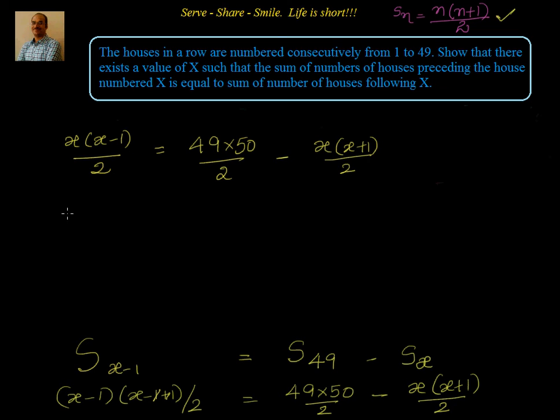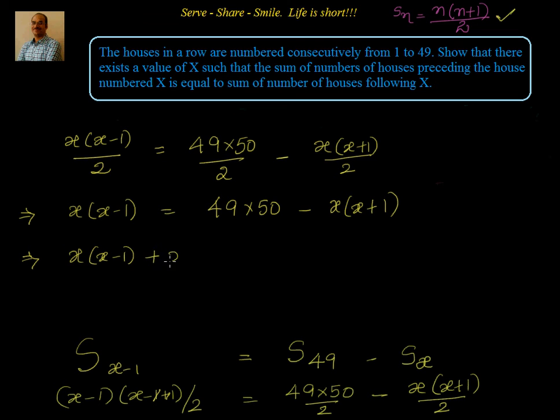The first step I do is multiply with 2 throughout. So I will have x into x minus 1 is equal to 49 into 50 minus x into x plus 1. Now we will get x into x plus 1 to the left hand side. We will have x into x minus 1 plus x into x plus 1 is equal to 49 into 50.